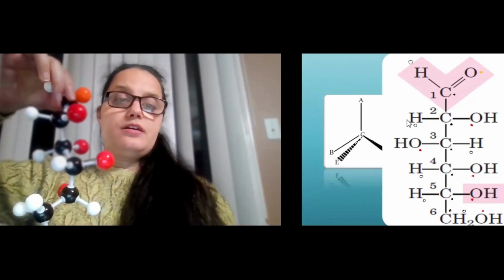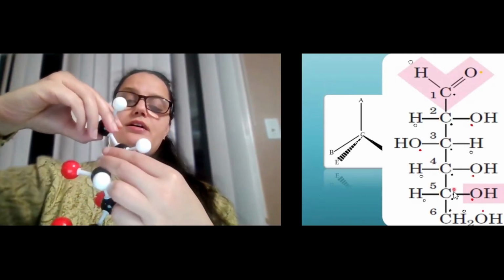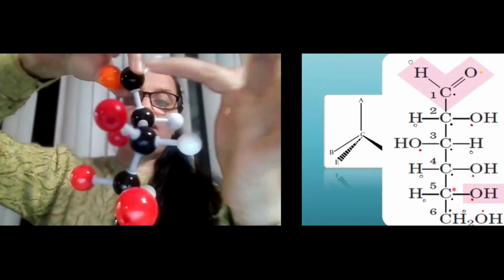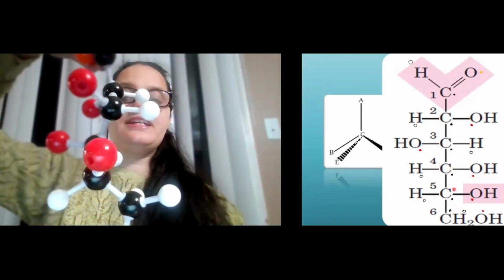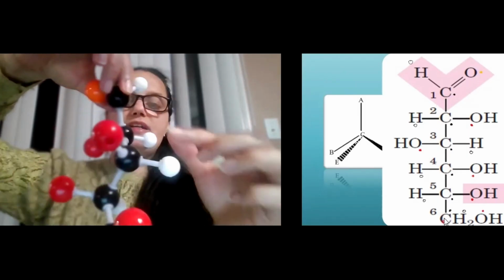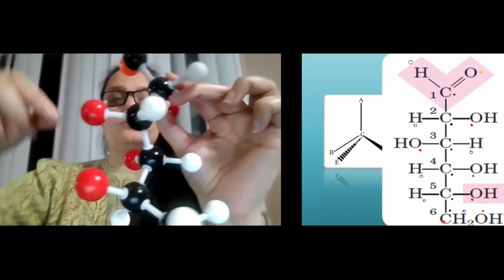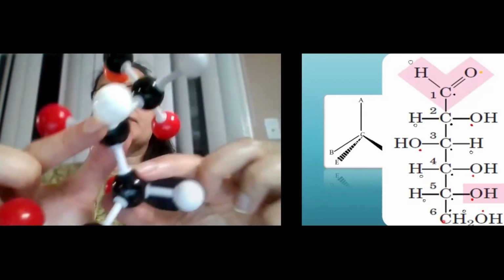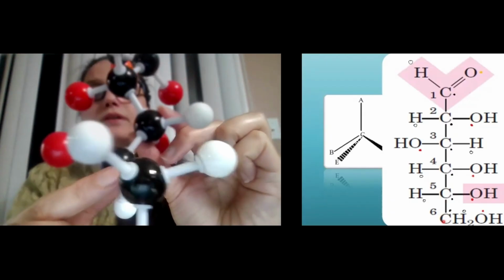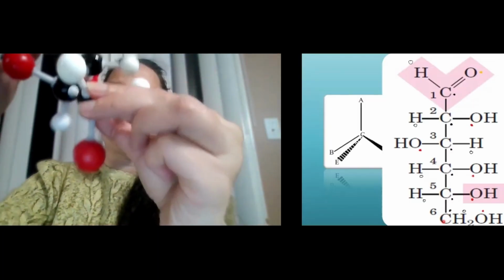form. So first of all, let me tell you the representations. All the black balls over here are representing these carbons, carbon number 1 to carbon number 6. So it is carbon number 1, then this is carbon number 2, carbon number 3, carbon number 4, carbon number 5, and carbon number 6 over here, right?